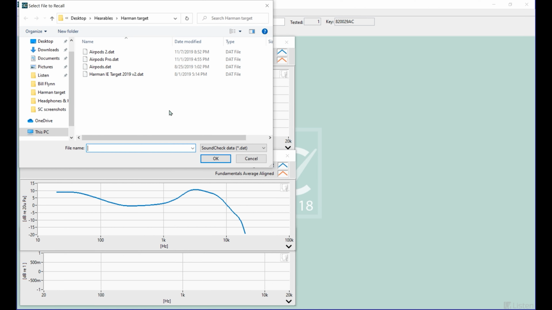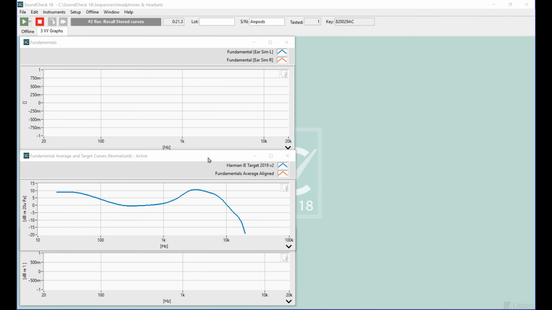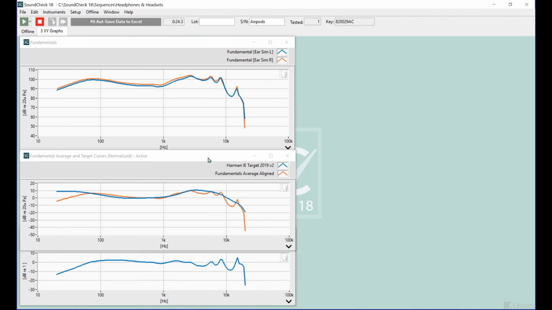Then it asks me for time waveforms typically, or they can be curves. And I'm going to go for AirPods. I'm actually using AirPods Pro tonight for whatever it's worth, because they stay in my ear, unlike the regular AirPods. And you can see the left and right track pretty well, and actually fall on top of the Harman target curve pretty well. And then you see the error curve below.